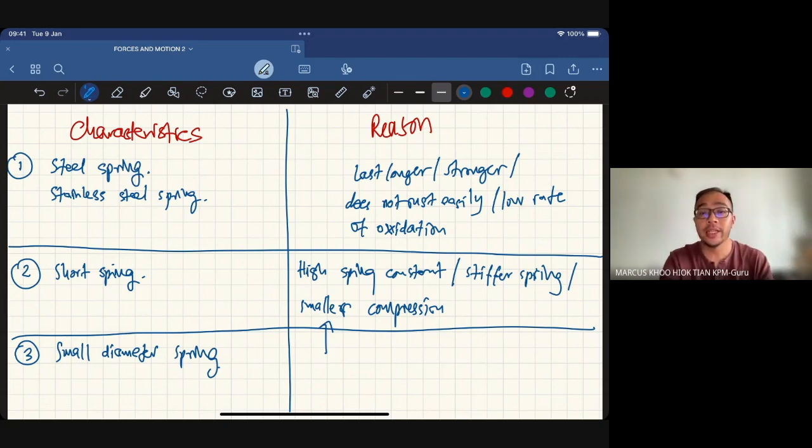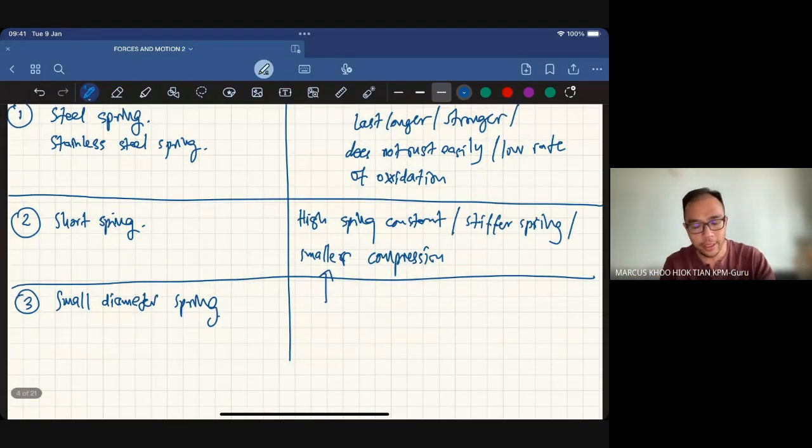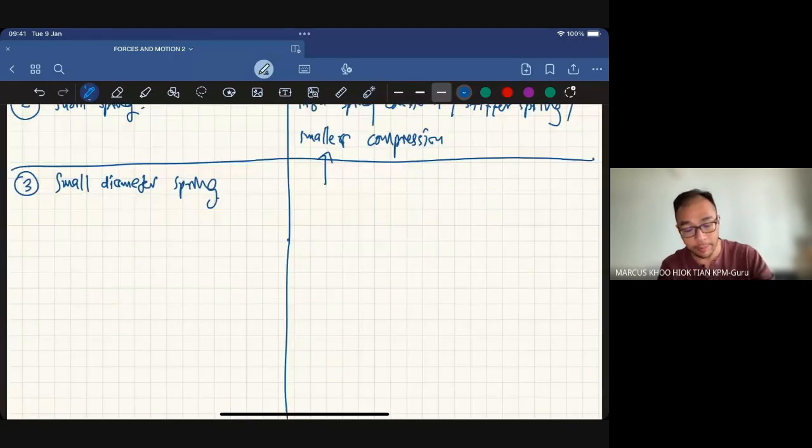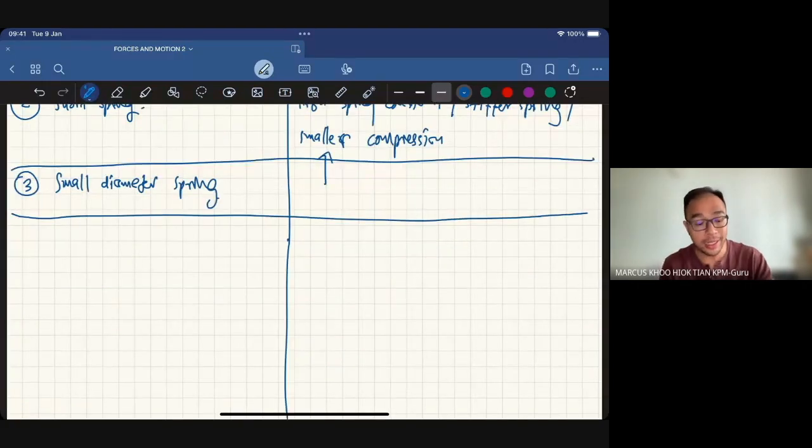Generally the same, this small diameter of spring. When we say small diameter of spring, I'm not talking about the wire itself. I'm talking about that hole, that diameter we're talking about. If you're talking about the spring wire itself, then you're not actually talking about the diameter. You're talking about the thickness of the spring.